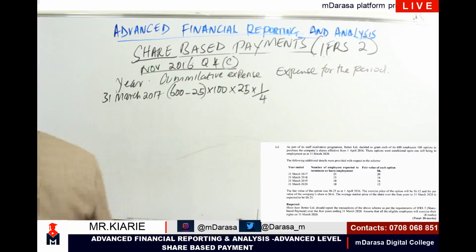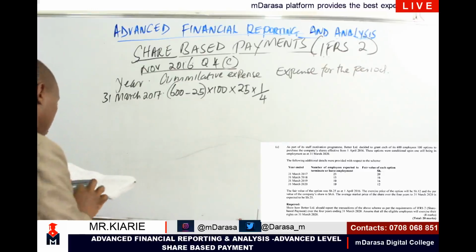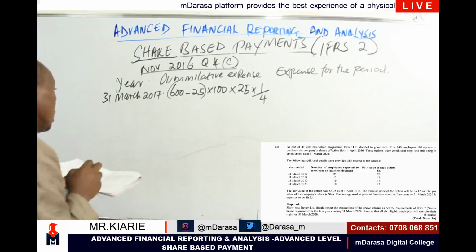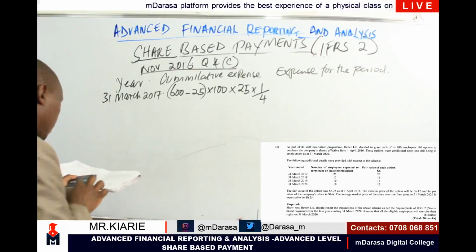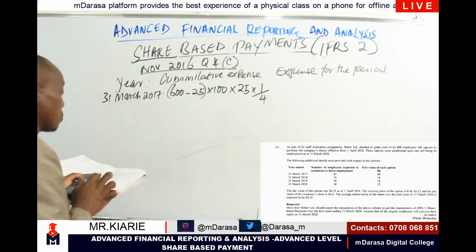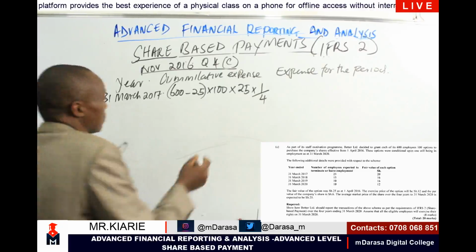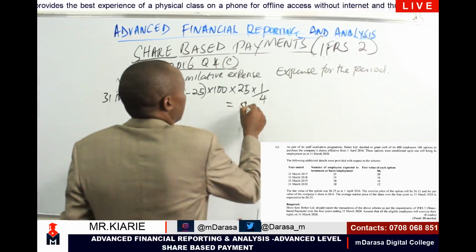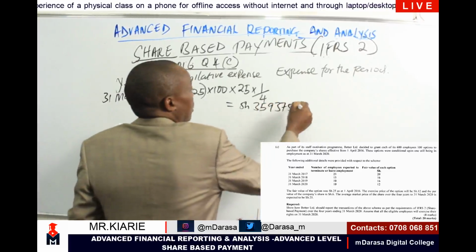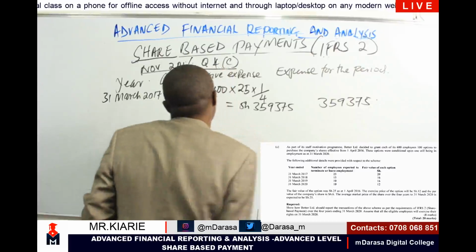Therefore, I take my calculator, 600 minus 25, I'm left with 575, times 100, times 25, times 1/4. I'm getting 359,375. And since it is year 1, it will still be the same.